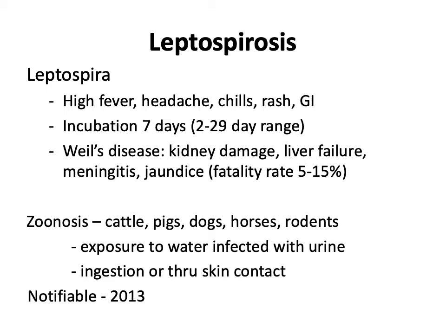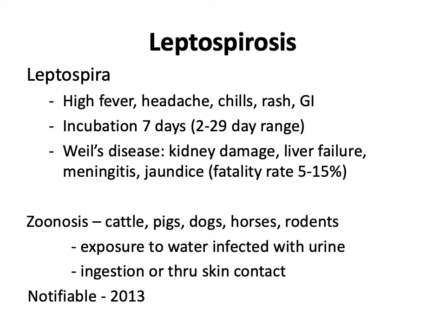The aforementioned symptoms are often present, but may also include jaundice, abdominal pain, diarrhea, and a rash. Left untreated, leptospirosis can result in kidney damage, meningitis, liver failure, and respiratory distress. The mortality rate in severe cases is around 10%.